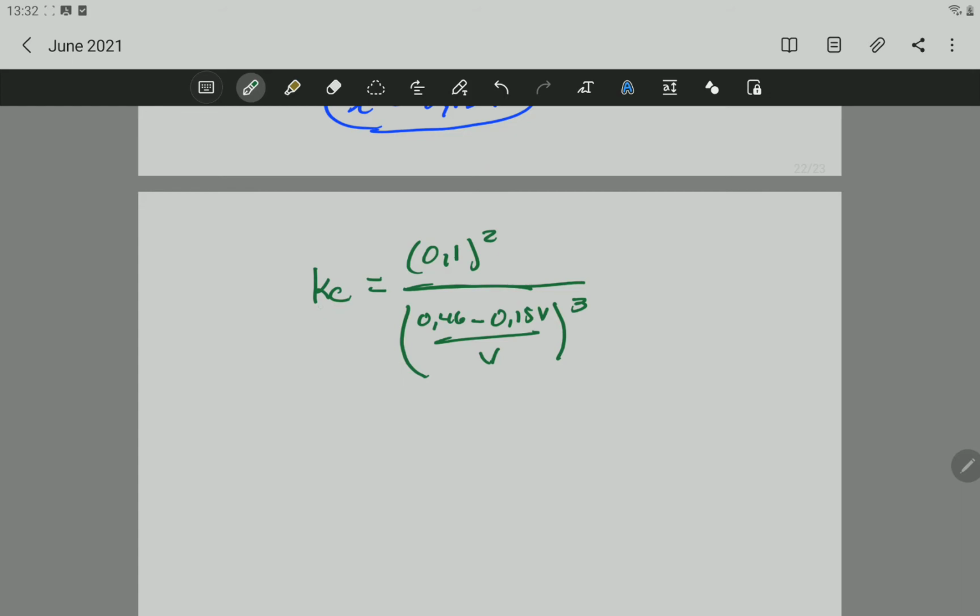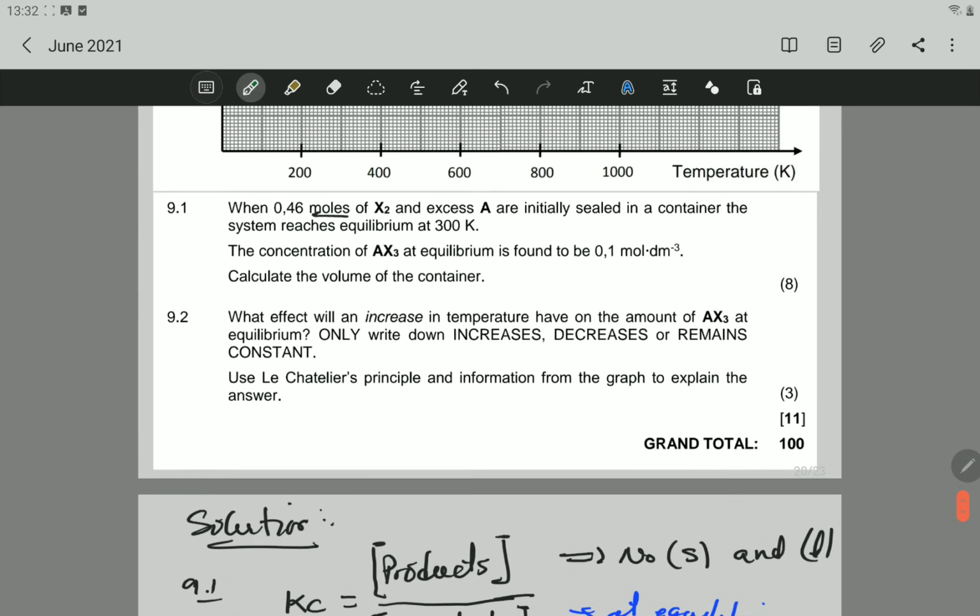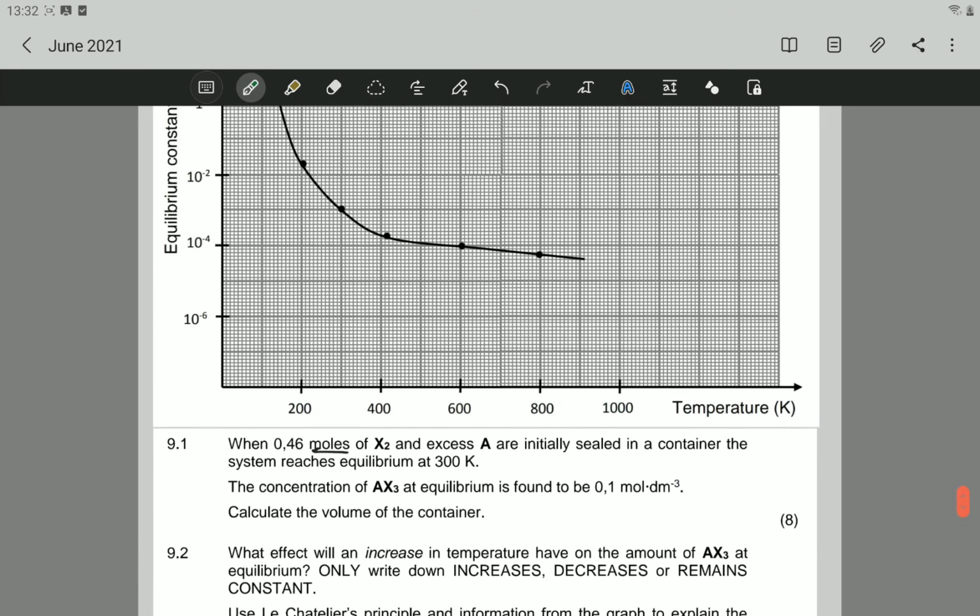Now, the Kc is given to us in the question. They said that the Kc at 300 Kelvin, 300 Kelvin is right here in the table, so if you go to the graph, you will have that the Kc is 10 to the minus 3.